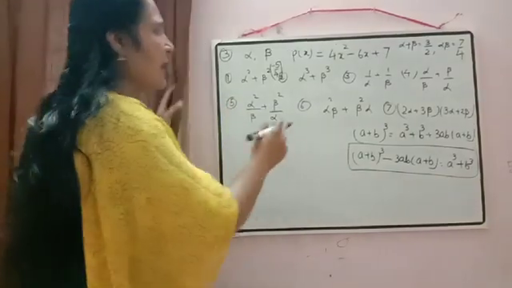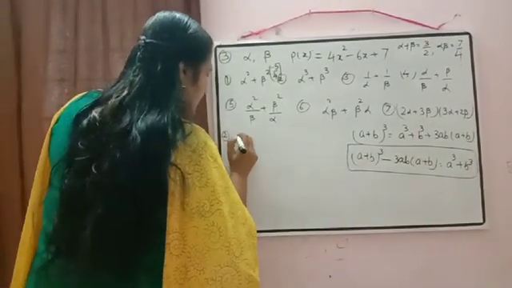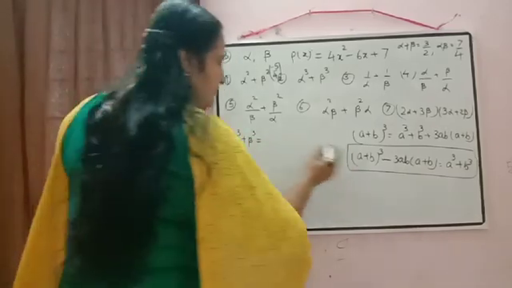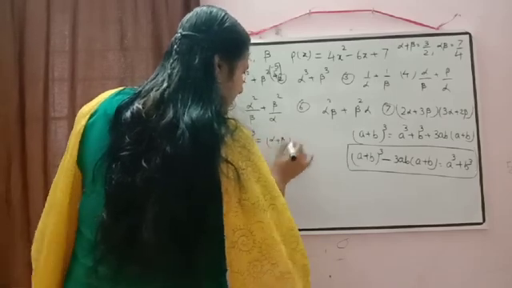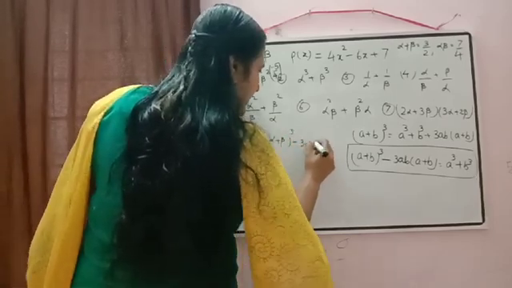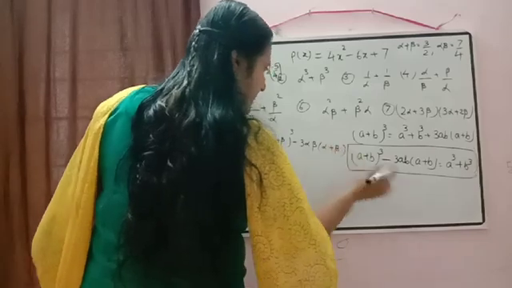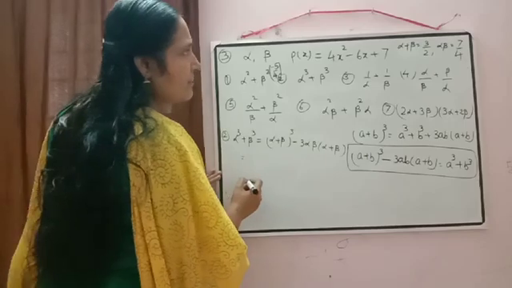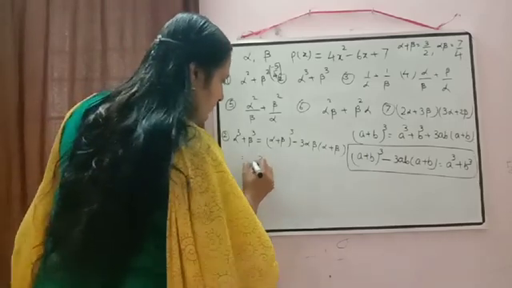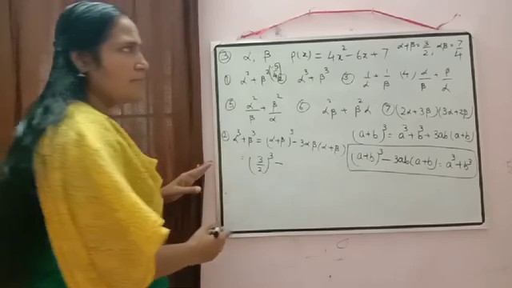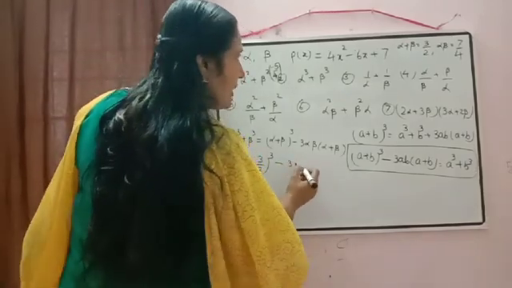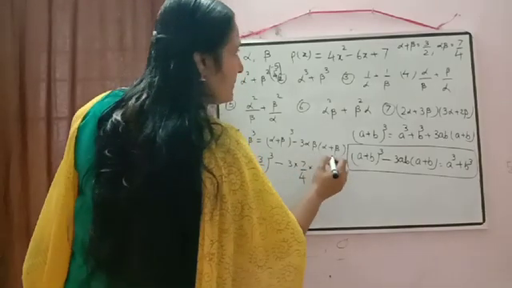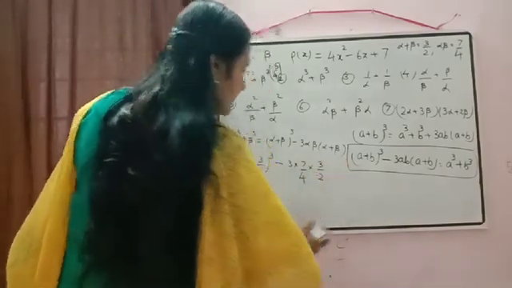So in the same way, alpha cube plus beta cube can be written as alpha plus beta the whole cube minus 3 alpha beta into alpha plus beta. In the same way we wrote here. So now what is the value of alpha plus beta? 3 by 2. Then we will get here 3 by 2 the whole cube minus 3 into alpha beta, so that will be equal to 7 by 4 into alpha plus beta, which is equal to 3 by 2.